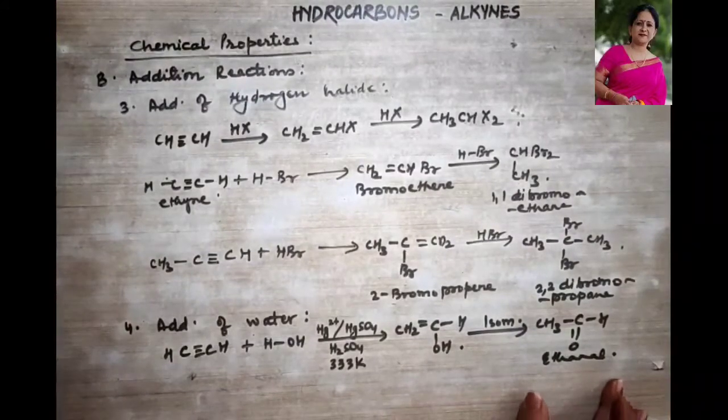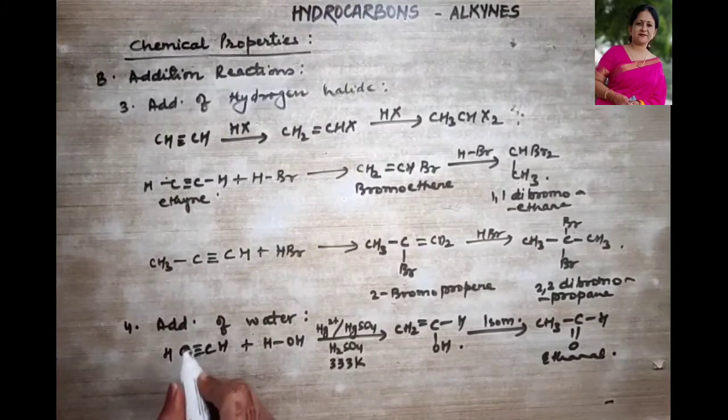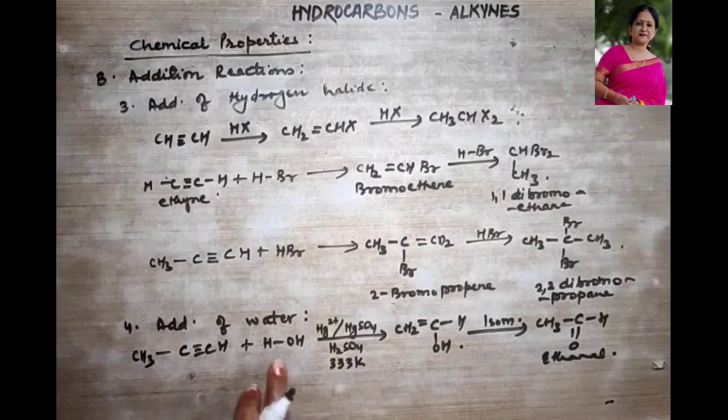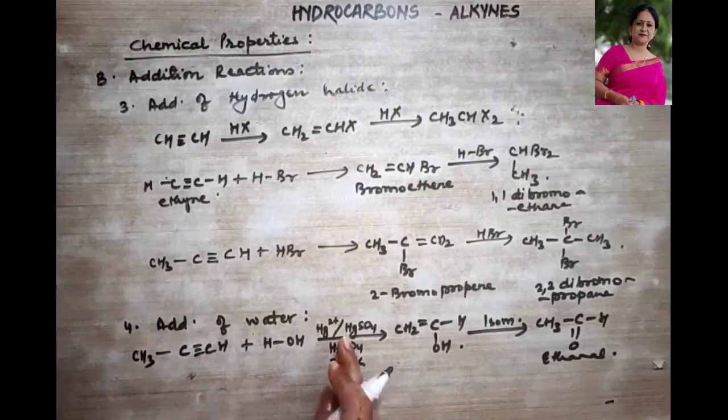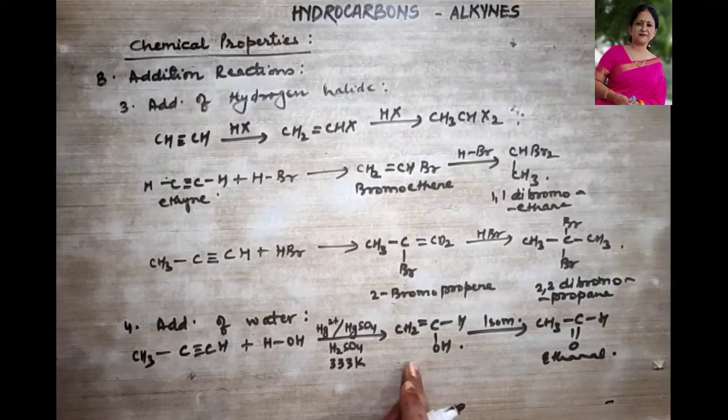This is your aldehyde ethanal. Clear? Let's take one more example. What if I convert this to CH3? Now when we add water in the presence of mercury sulfate and H2SO4 at this temperature, what is it going to form?